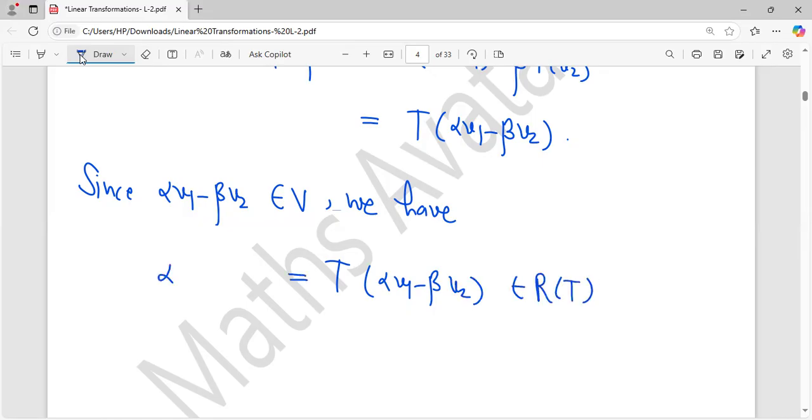But that is nothing but alpha w1 minus beta w2.